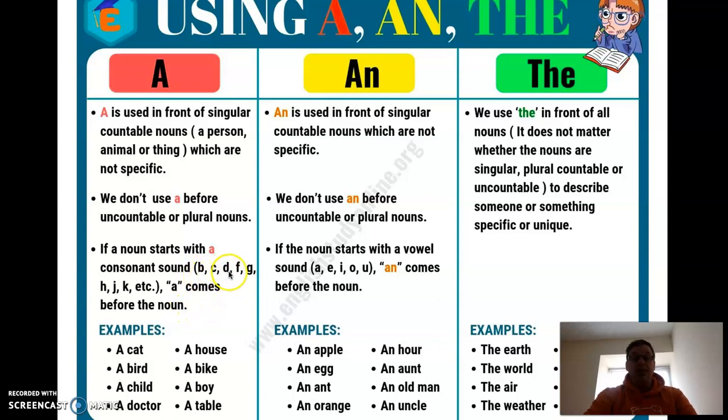B, C, D, F, anything that's not a vowel. If a word begins with a vowel, a noun begins with a vowel, we use an. A, E, I, O, and U. These are the vowels, right? So, an apple, an elephant, an orange. If you look at the examples, right?